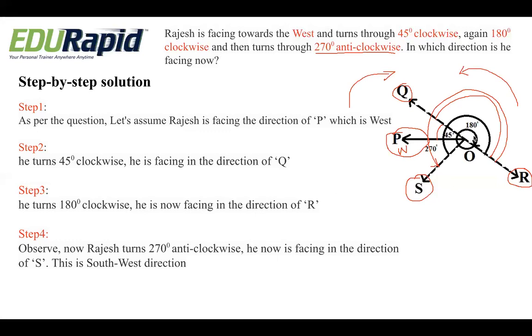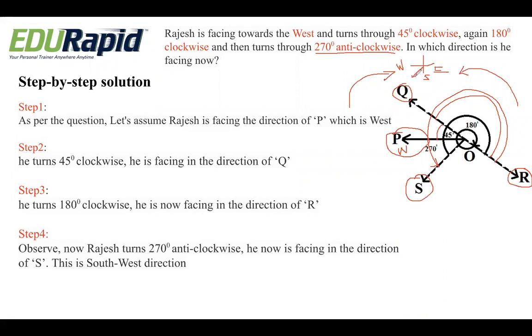So what is this direction? If you imagine the direction, it is a cardinal direction. The cardinal direction is between the two main directions. So if you write the directions of east, west, south and north, the point S is here.